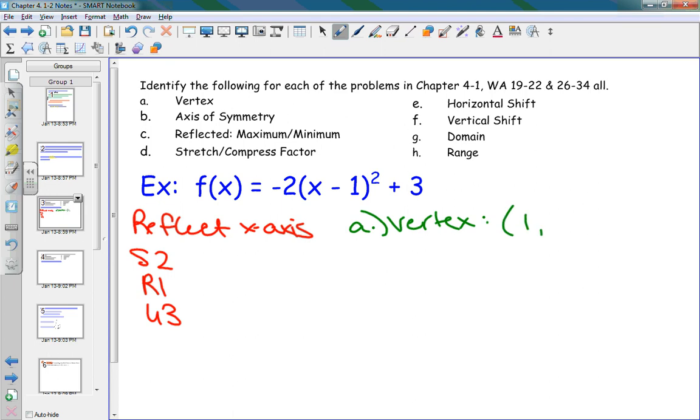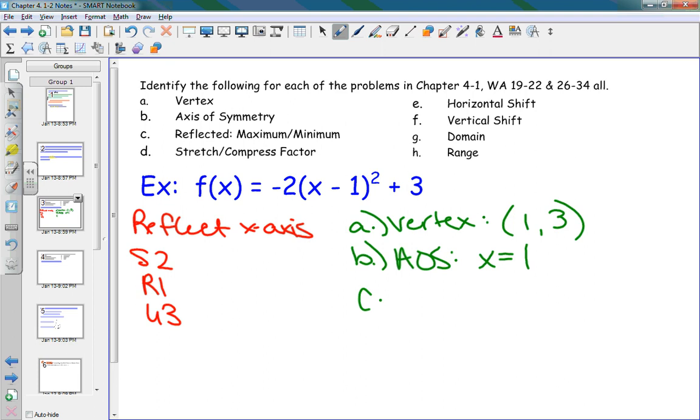Up would mean what type of values? Positive 3. So there's my vertex, (1, 3). What's my axis of symmetry? Axis of symmetry is AOS, and that's an equation. X equals h. What is h? 1. Very good.